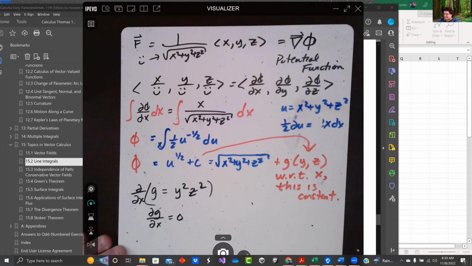And this should equal z over the square root. I have the square root term plus h prime of z.